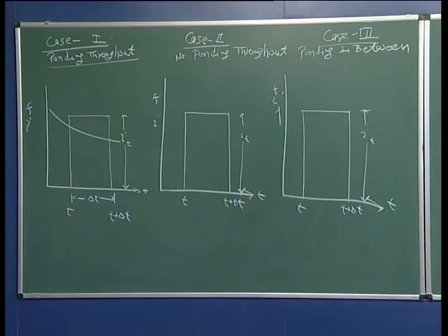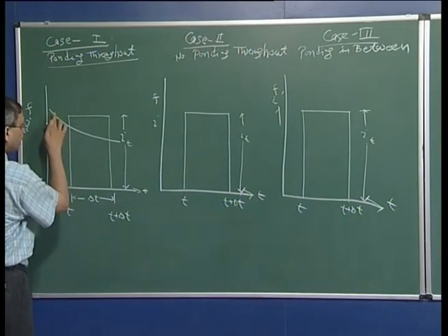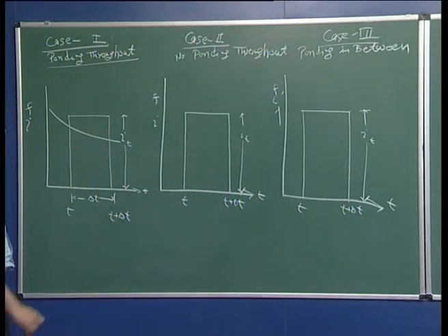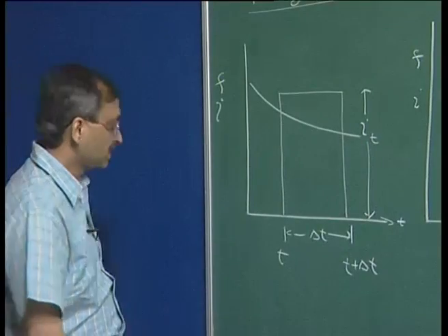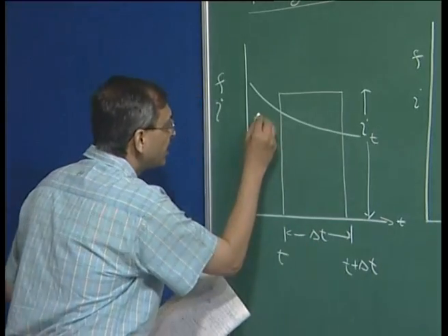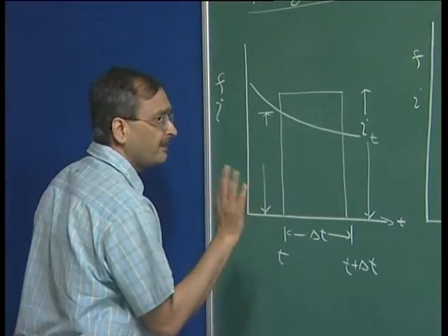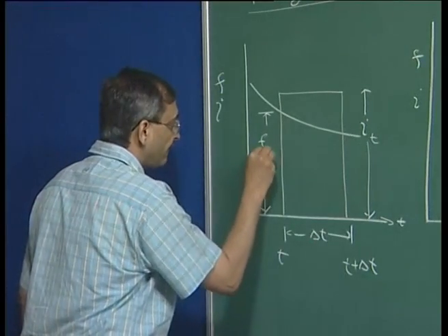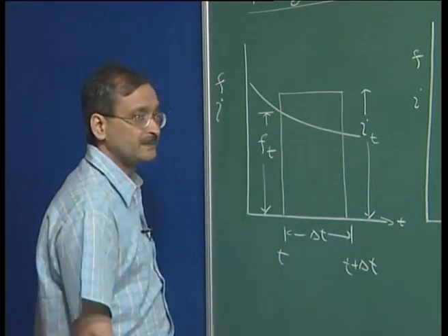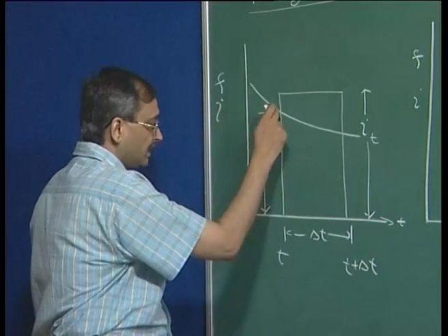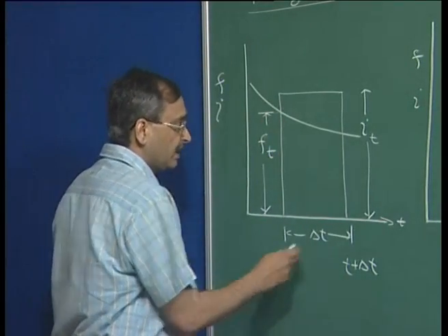This is the case when the infiltration curve is completely below the intensity curve. The way we have defined, this is f at time t, which is rate of infiltration, coming from here, this is your time t. And what is this?